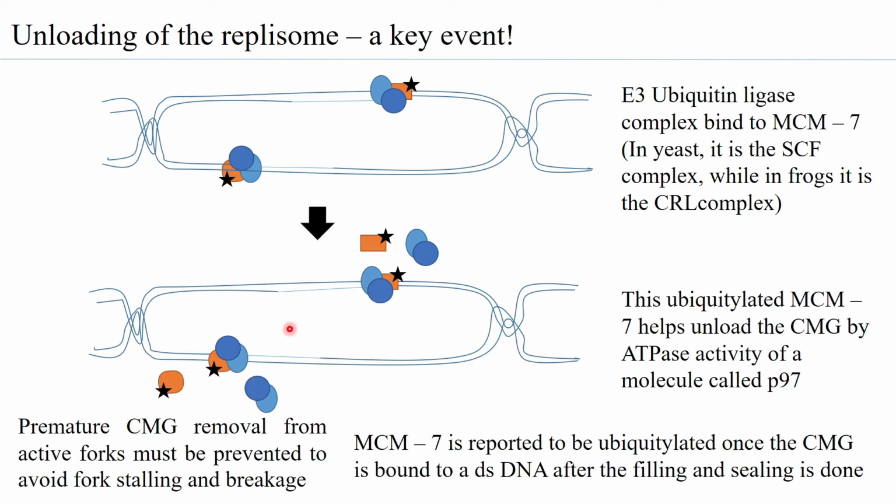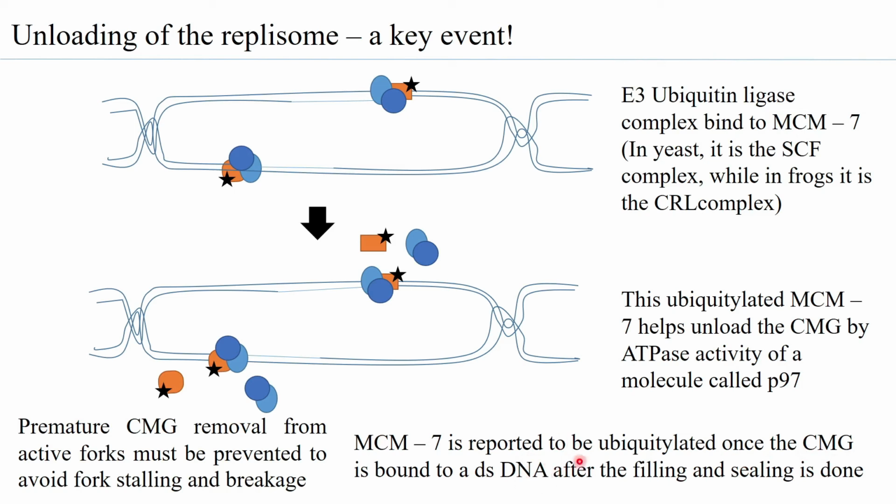Here, two things are important, and one has to note that, as observed, MCM7 is reported to be ubiquitinated once the CMG is bound to a double-stranded DNA after the filling and the sealing is done. And this is important.